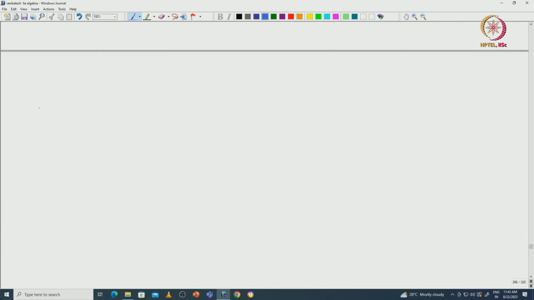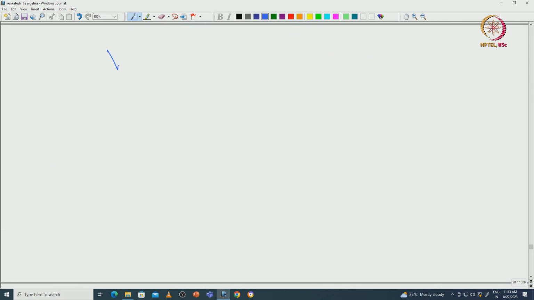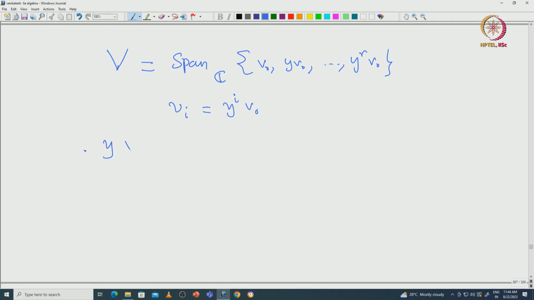Okay. So, let me just write it down. This indeed proves V has to be equal to the span of V naught, y V naught, etc., y power r V naught. Okay. Now, how the actions of h, x and y are given. You can easily see that if you call v I to be y power I v naught, then it is clear that y actually increases the power.